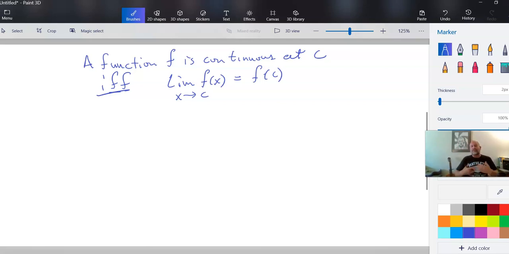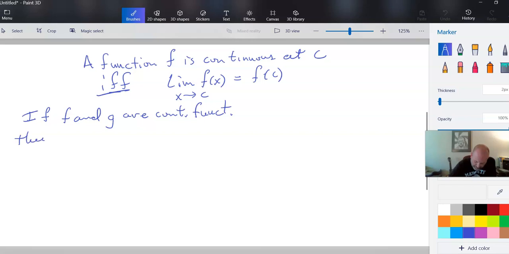So there's certain rules where we can manipulate some of these things. If we know functions are continuous, they have properties. So if f and g are continuous functions, then the following is true.